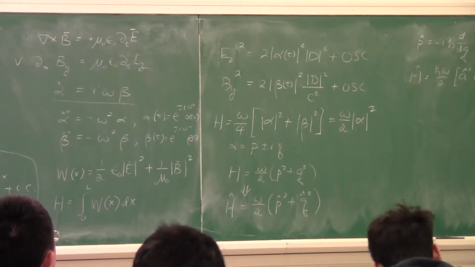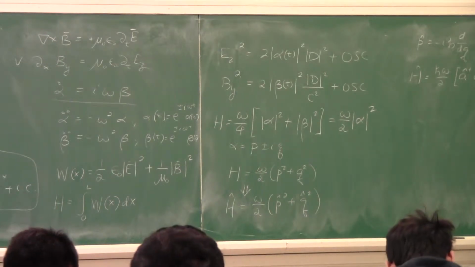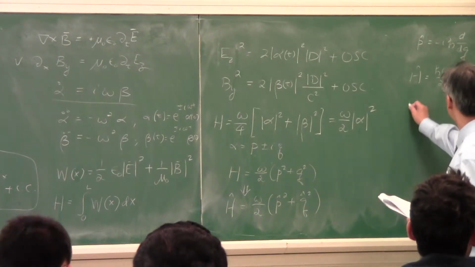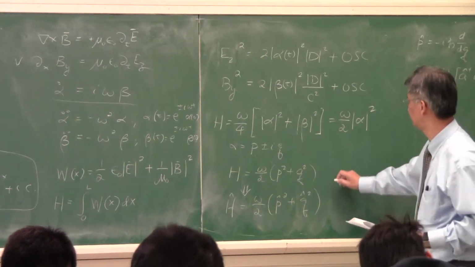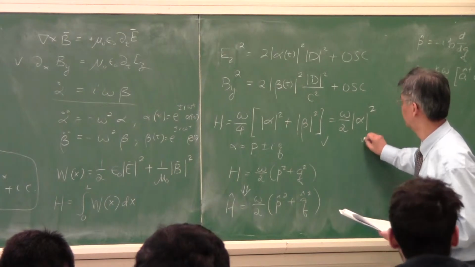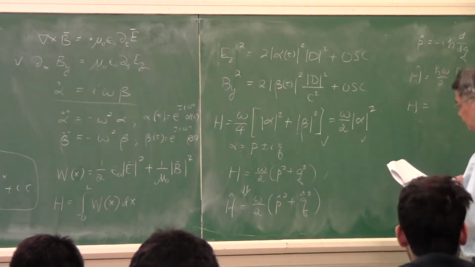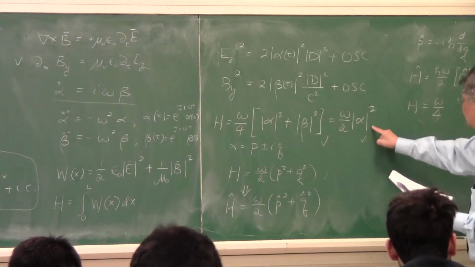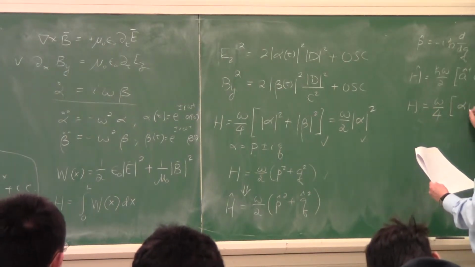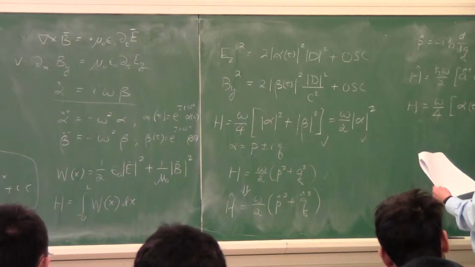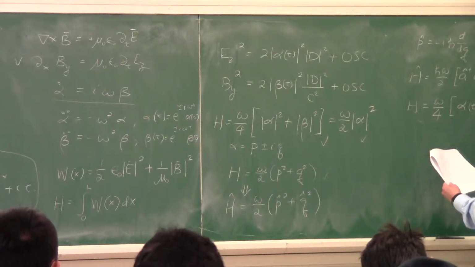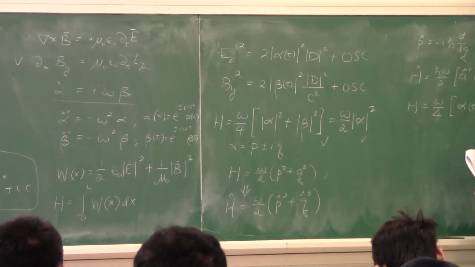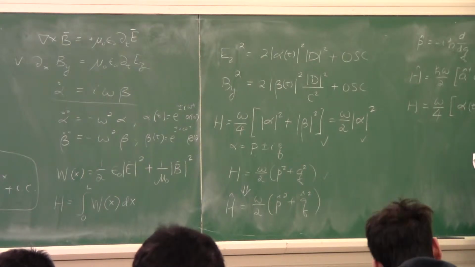So, I can also say that classically, the classical Hamiltonian can be written in that manner. I can also write the classical Hamiltonian as omega over 4 times alpha(t) alpha conjugate(t), plus alpha(t) alpha conjugate(t).